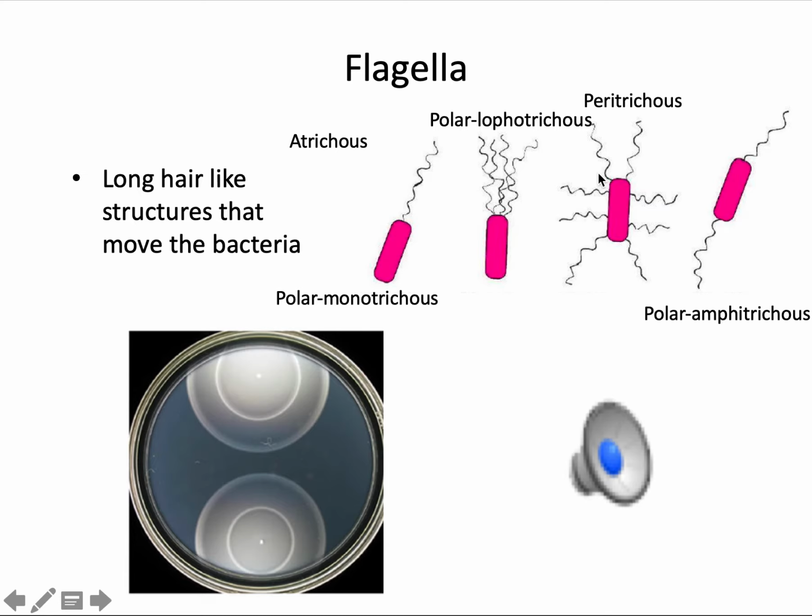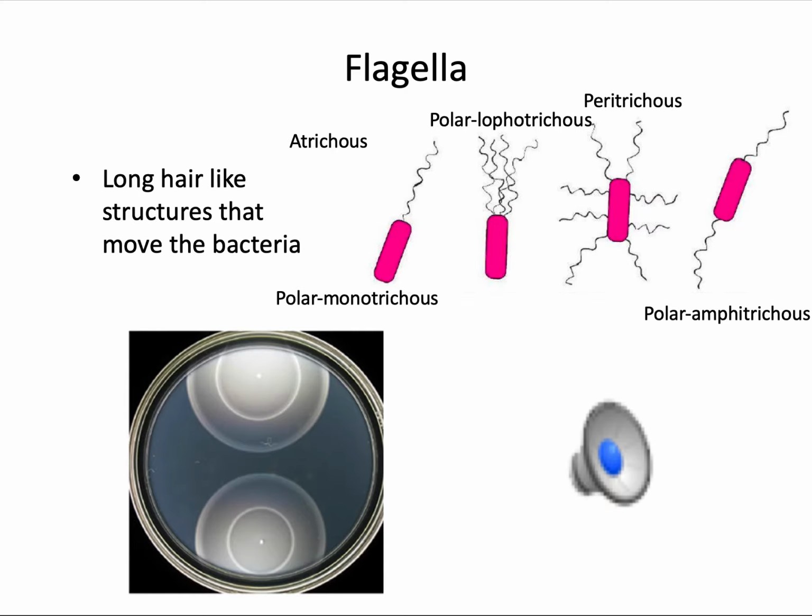And then there are those that have these flagella on either one side, one pole, or on both poles of their cell structure. These are described as having polar flagella. They may have just one.